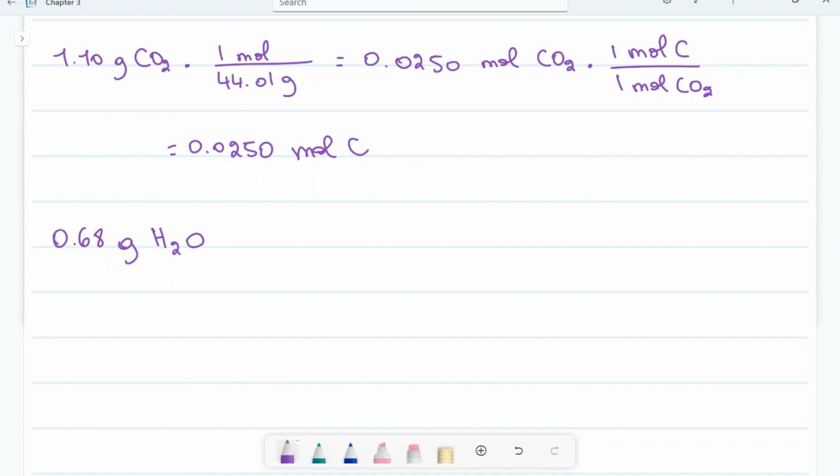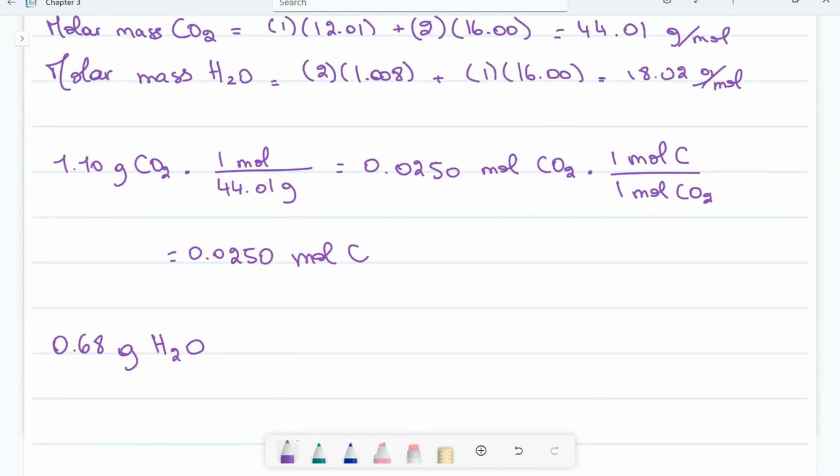So again, what is the molar mass that we found? It was 18.02 grams per mole. So we multiply by 1 mole and divide by 18.02 grams because we are looking for the number of moles. So we want moles to be in our numerator.